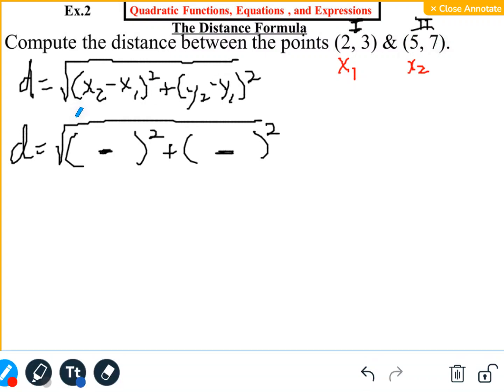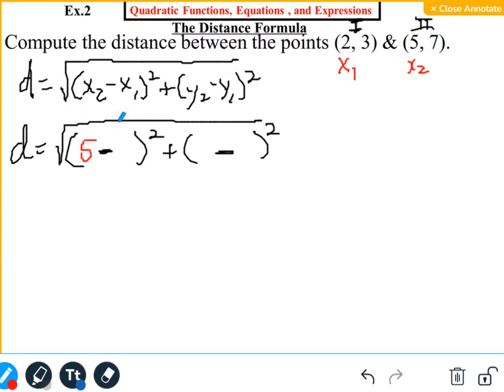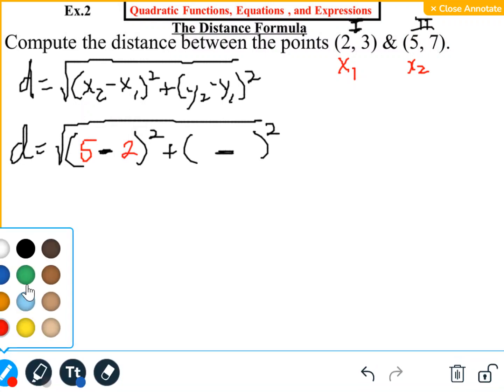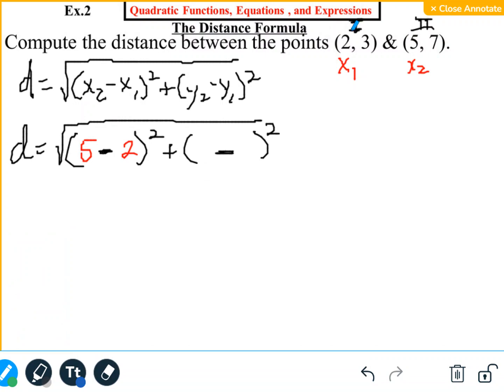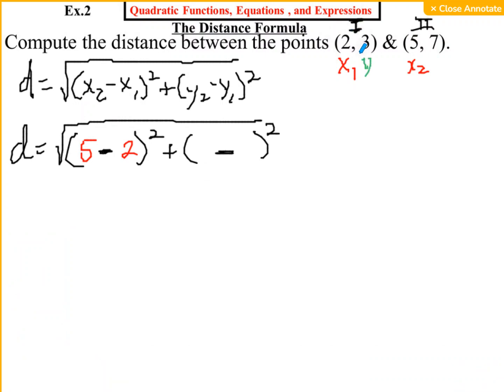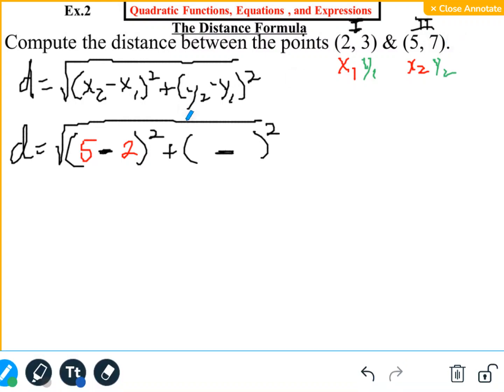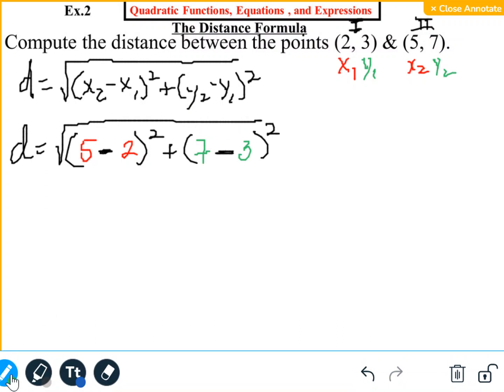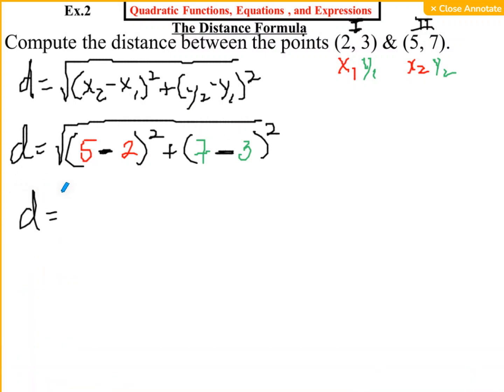So now we substitute that into our formula, 5 and 2. That means 3 is y sub 1 and 7 is y sub 2. So we write that in here, 7 and 3. All right, and the rest is history.